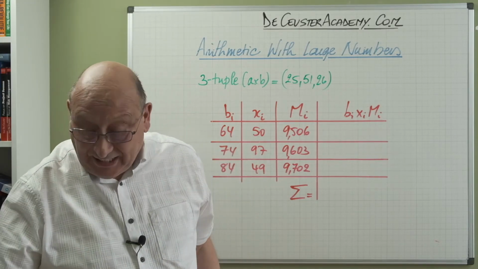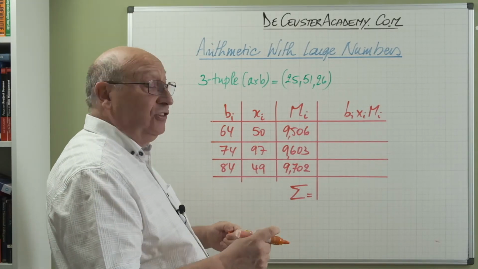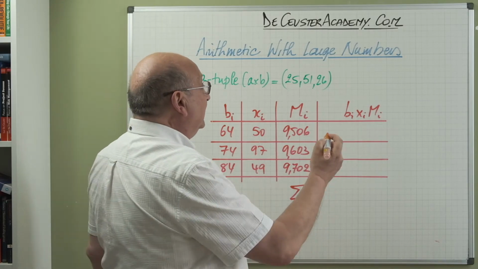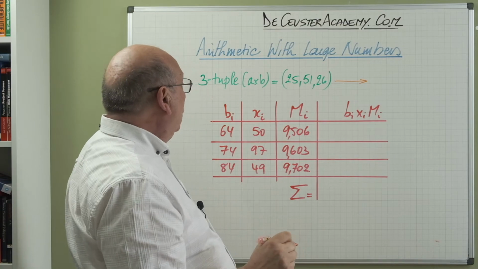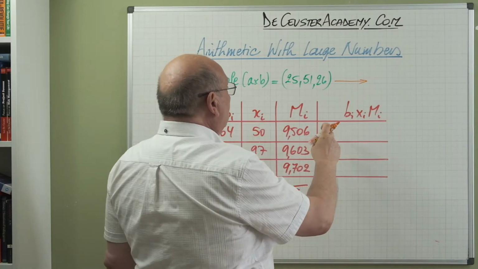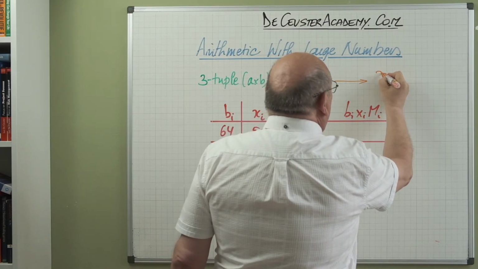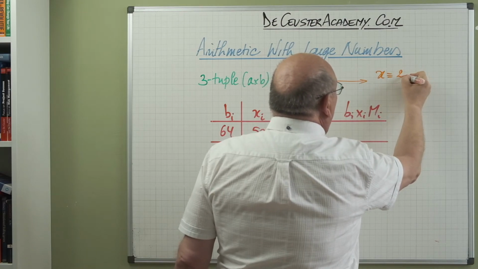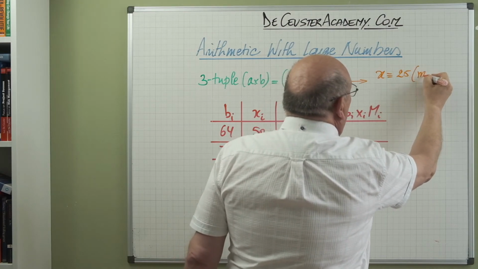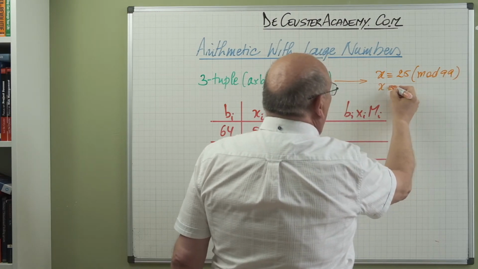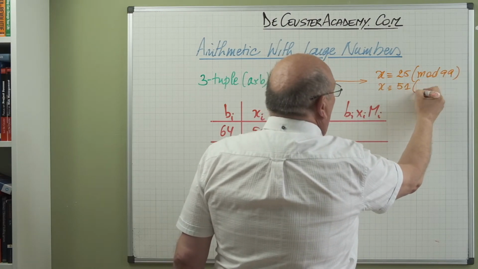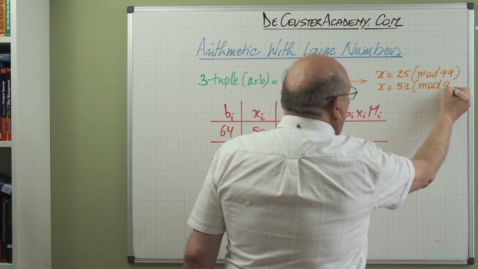And based on this, we can create, in fact, the three linear congruences that are part of the system that we have to resolve. So first of all, we have x is congruent with 25 modulus 99. We have x is congruent with 51 modulus 98.